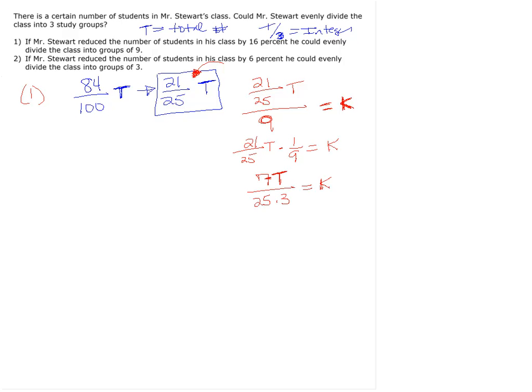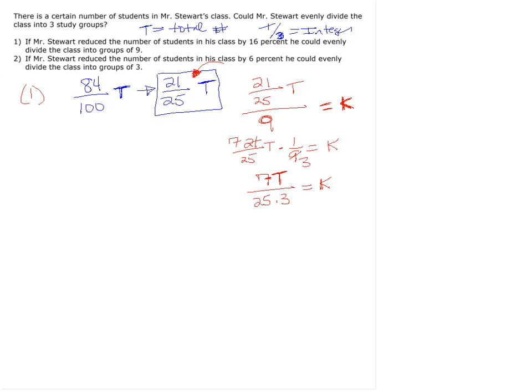I just remember 3 goes into 9 3 times, 3 goes into 21 7 times. That's how I got 7t. Okay? Well, remember that k is an integer. Okay, we'll take a look.